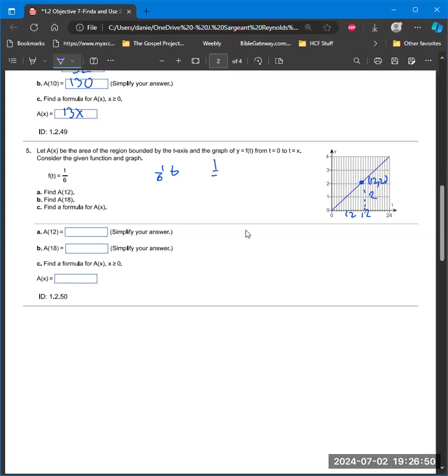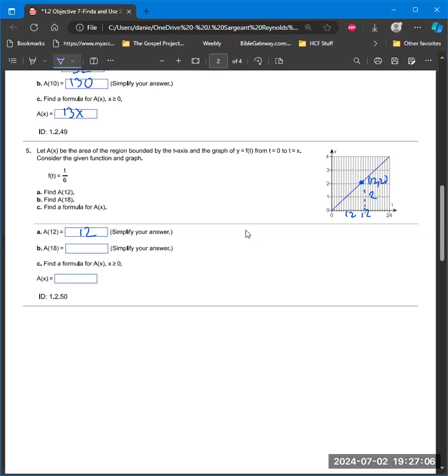And 1/2 of my base times my height is going to be 12.